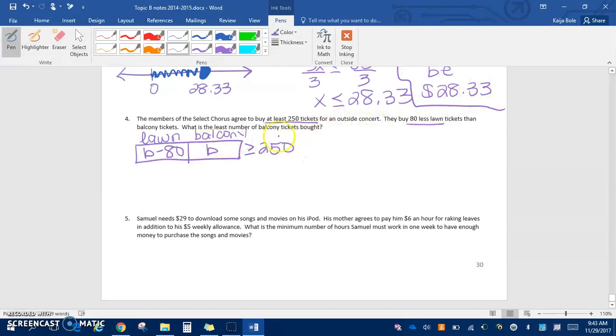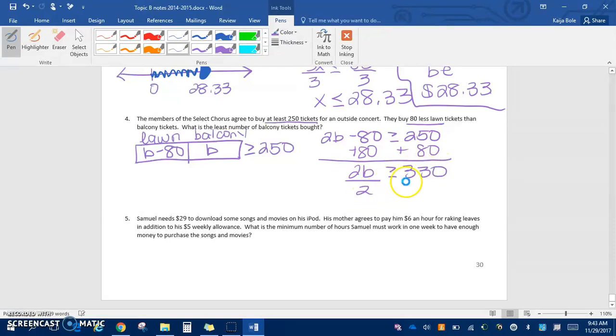So now when we combine our like terms here, we have 2b minus 80 is greater than or equal to 250. So if I add 80 to both sides, I have 2b is greater than or equal to 330. And when I divide by 2 on both sides, I get b is greater than or equal to 165.